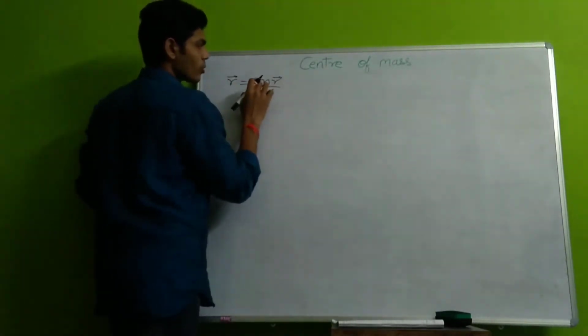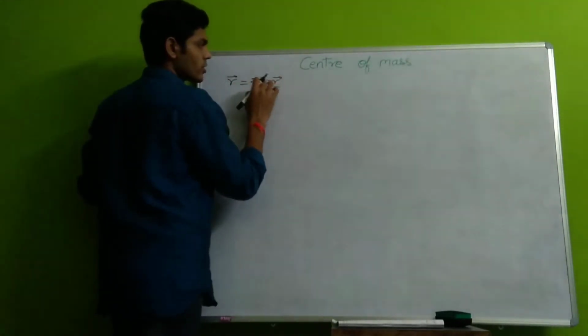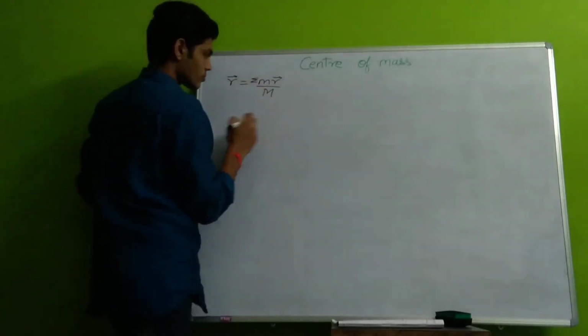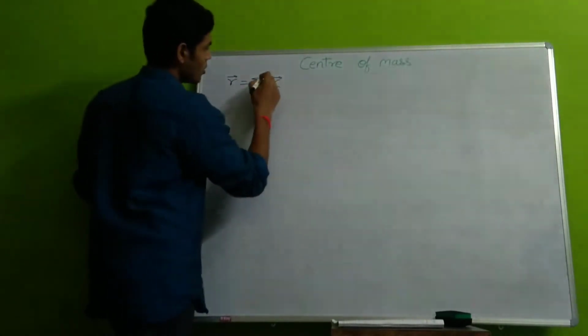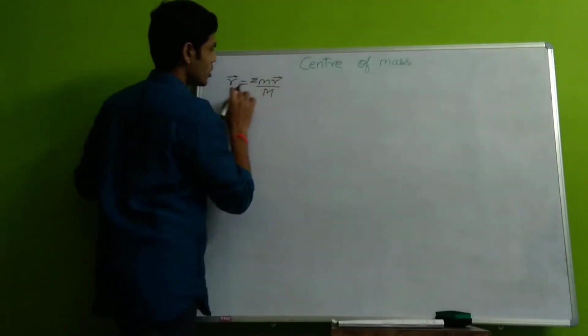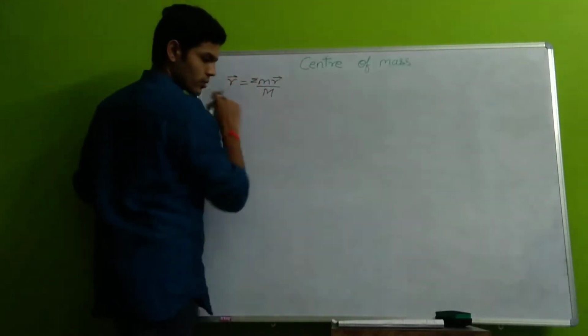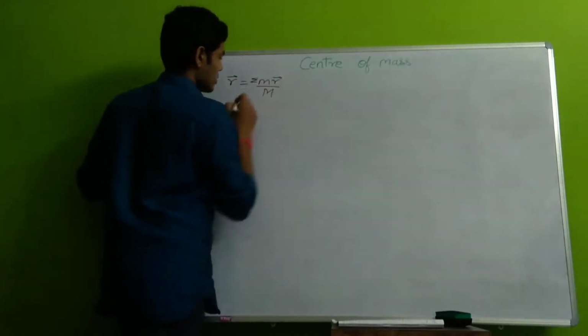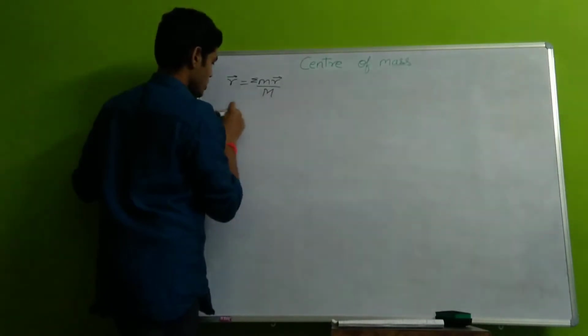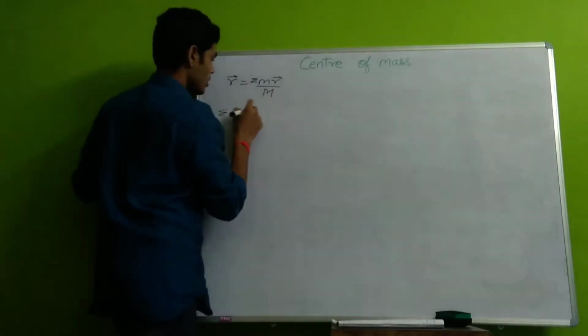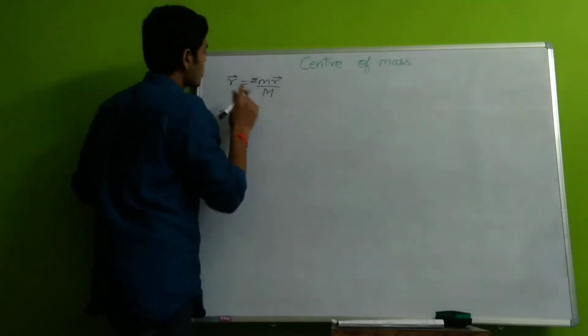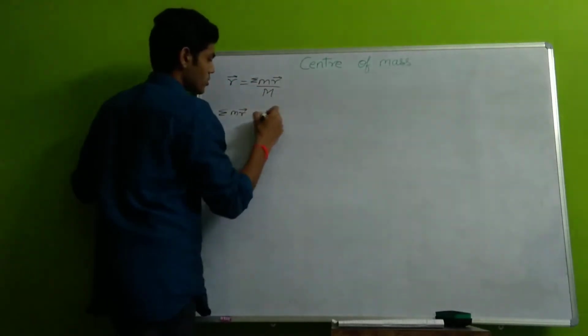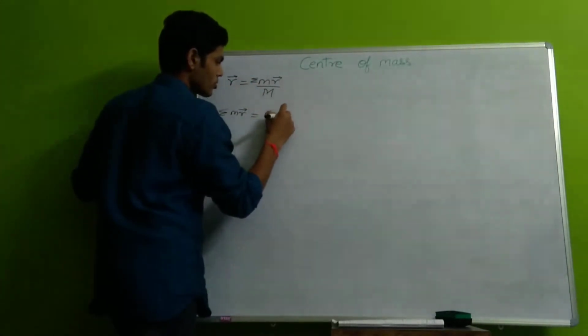Moment of mass is the product of mass and distance from the center of mass. So this is the moment of mass, the definition of center of mass, and this summation mr is called the moment of mass.